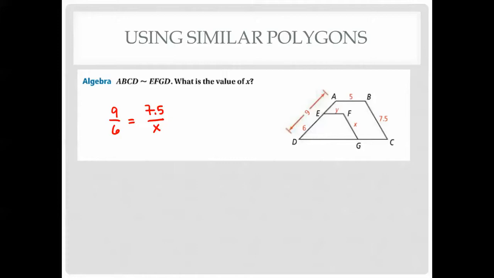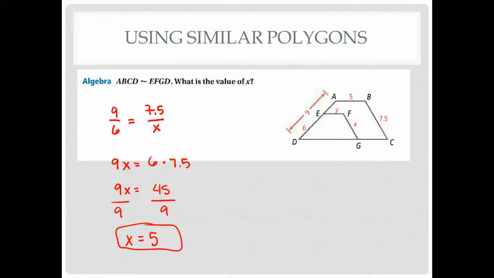That's segment AD, which corresponds to ED, equals 7.5, segment BC, over segment FG, which is X. And then we just do our cross product property. So 9 times X is 9X, and 6 times 7.5 is 45. So 9X equals 45. We're going to divide both sides by 9 and get X equals 5. There's also enough information here to solve for Y. The question's not asking us to do that, but if we wanted to, we could.